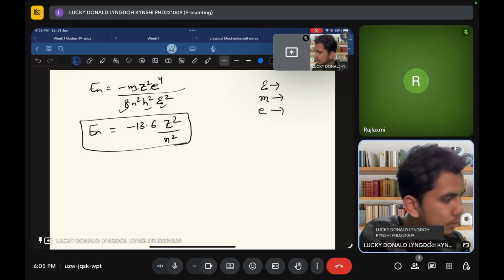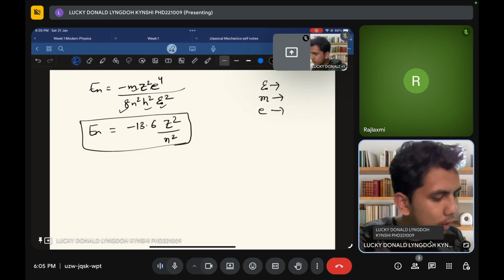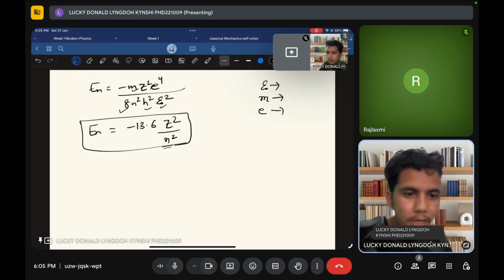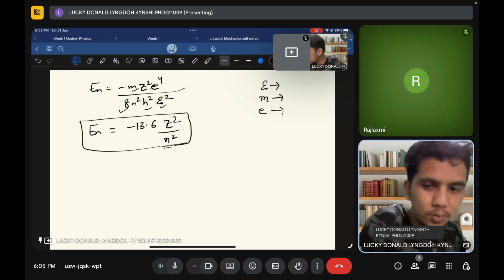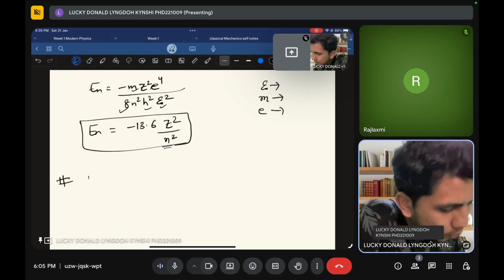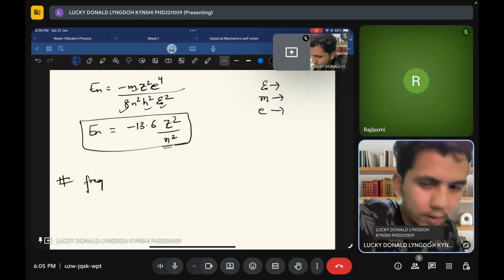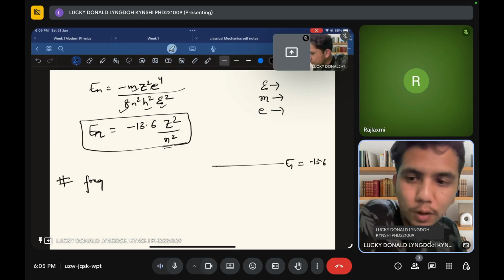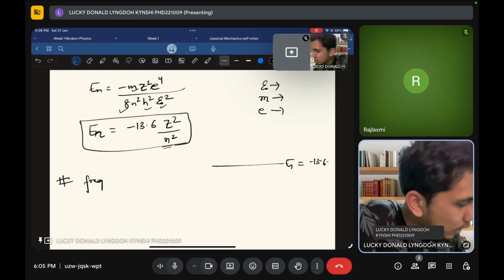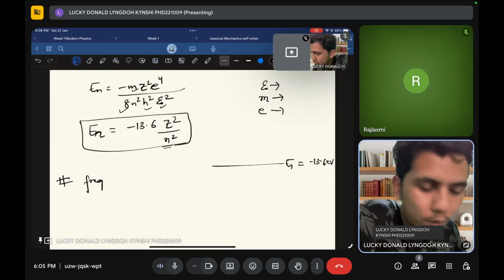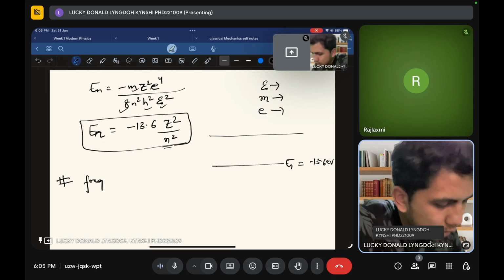Because of that, you have your energy depending on your n square value. So we will go to the last section. After knowing the energy, what happens? This is energy En. That means you have energy E1, which is equal to minus of 13.6, let's say for a hydrogen atom, minus 13.6 electron volt. Then if you have to find the value of E2, you have to substitute here instead of n square. Let me just write it here, that will be better.